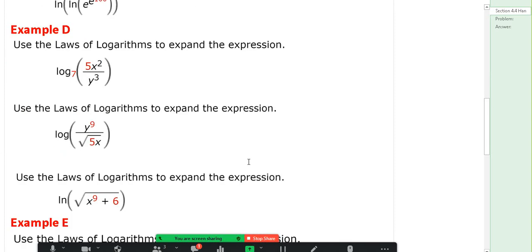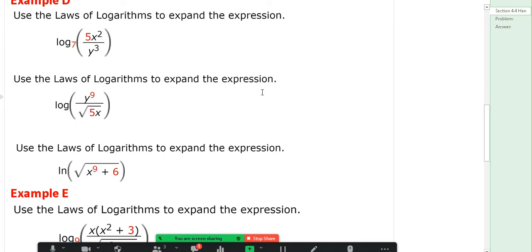Now, let's try a couple that are just really practicing some different aspects of our rules of logarithms. We're going to expand these into the product and sum of different logarithmic expressions.